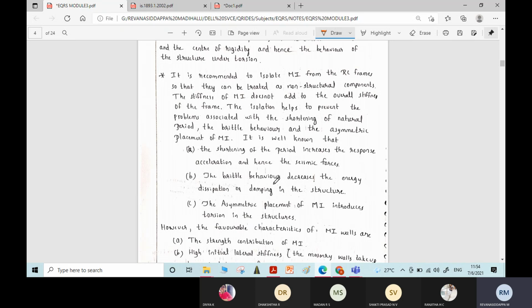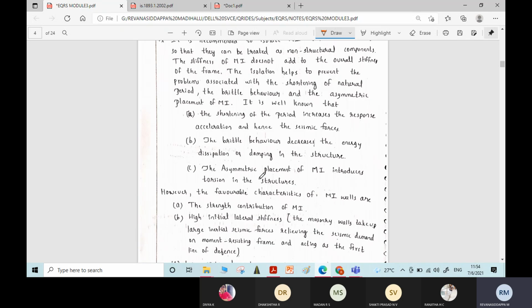But in the case of walls, they will behave in a brittle fashion. Suddenly the cracks will be observed in the walls, which will reduce the energy dissipation or damping in the structure. The asymmetric placement of masonry infill introduces torsion in the structure. This I already explained.